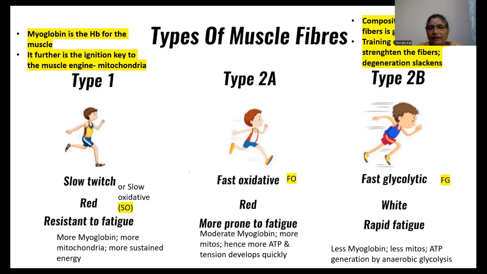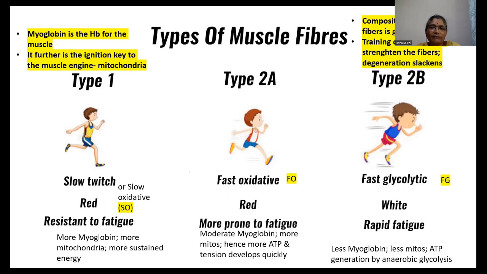So type 2A fibers have a moderate amount of myoglobin and moderate amount of mitochondria. Therefore, they develop tension quickly, but they don't sustain for long. These are the muscles we typically use for the movements brought about by the knee, like brisk walking and so on.